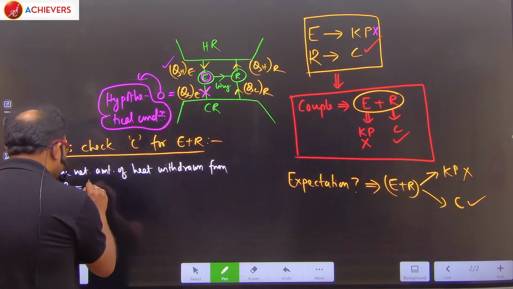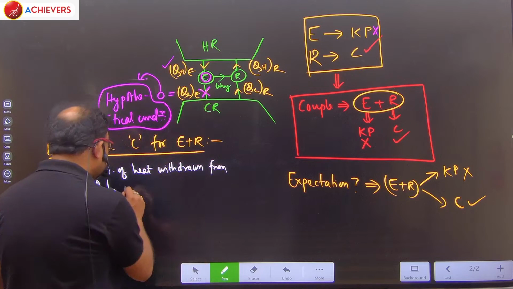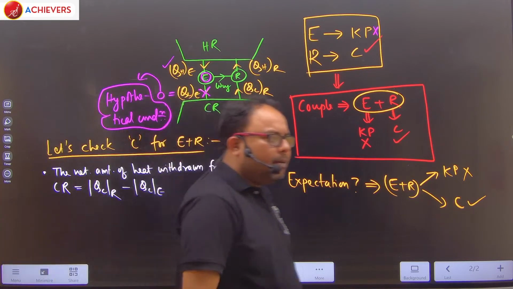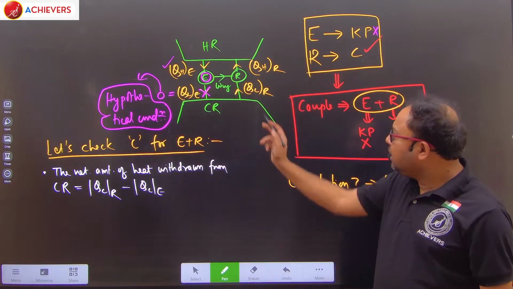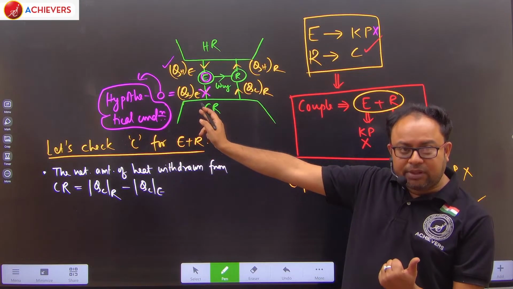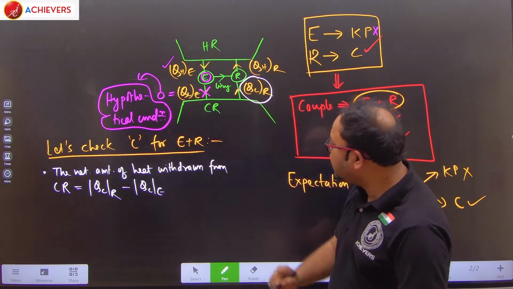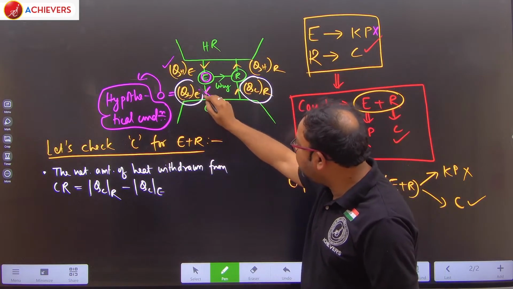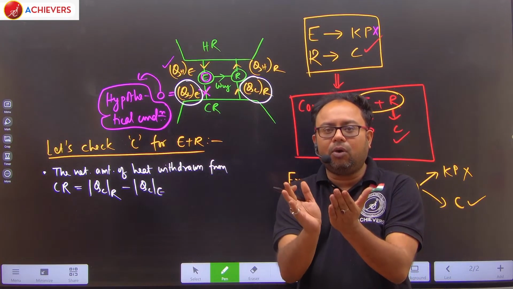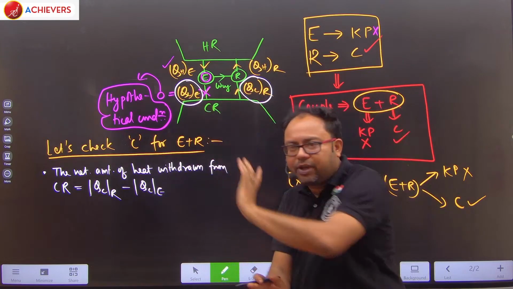Naturally, it's mod of QCR minus mod of QCE. Mod of QCR is being withdrawn and QCE is being transferred. This is being withdrawn from the cold reservoir and this is being transferred to the cold reservoir. So the net withdrawal from the cold reservoir is mod of QCR minus mod of QCE.